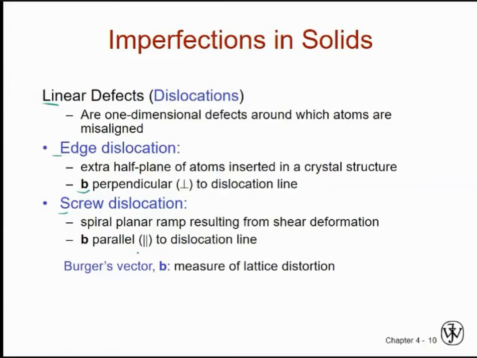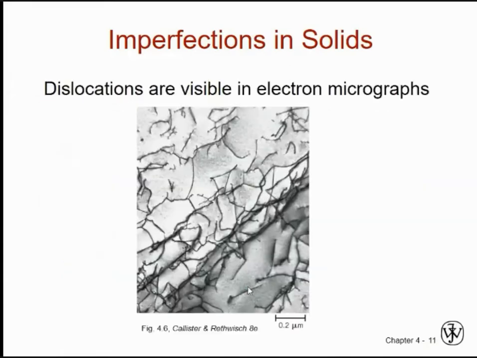The Burgers vector was parallel to the dislocation line, where the Burgers vector itself measures the magnitude and direction of distortion, or the measure of lattice distortion. These are the same thing. We can see these dark lines are dislocation lines, which are seen on the microscope.